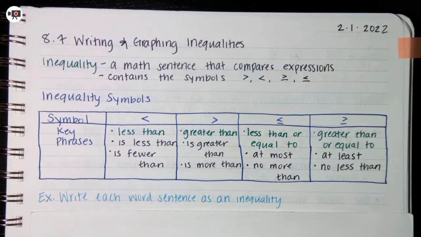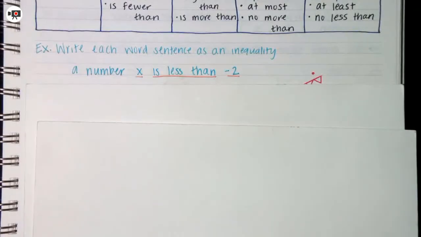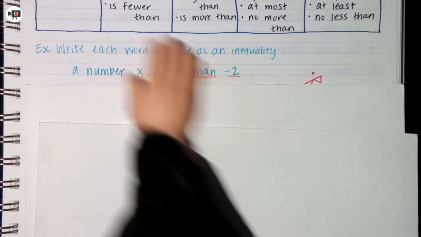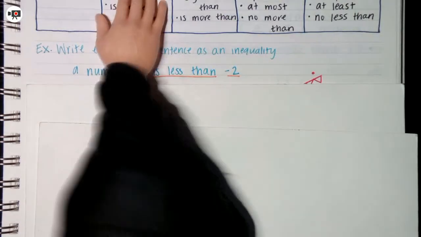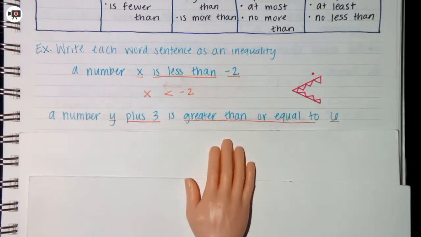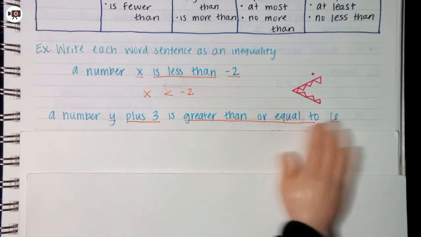So we're going to write each word sentence as an inequality. A number x is less than negative 2. So I have x is less than, I find that up here, and I see that it is right here for the less than symbol, and then I have negative 2. And a number y plus 3 is greater than or equal to 6.